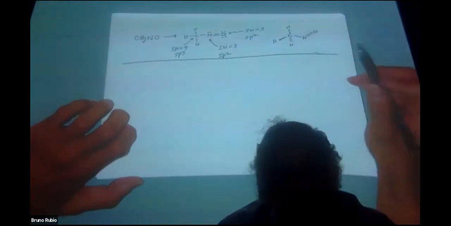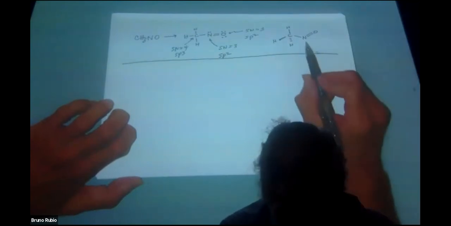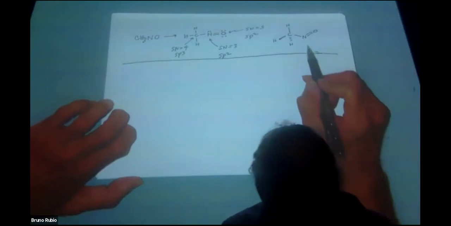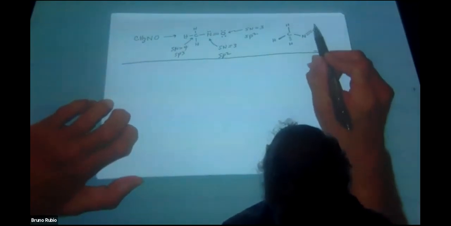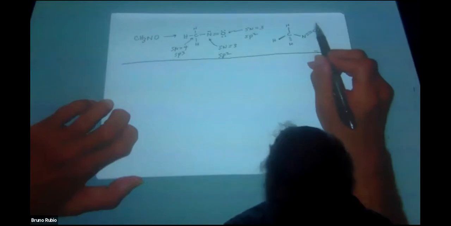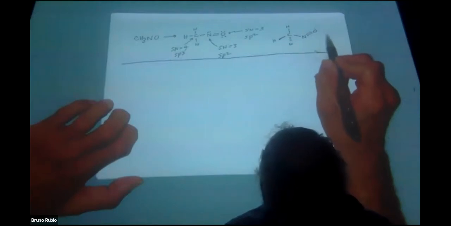And now remember, showing unshared electron pairs is totally optional. If I wanted to, I could put a line here terminated by an unshared pair of electrons. I'm not going to do that. If I wanted to, I could draw a line up here terminated with an unshared pair of electrons. I'm not going to do that. If I wanted to, I could draw another line over here terminated by another unshared pair of electrons.